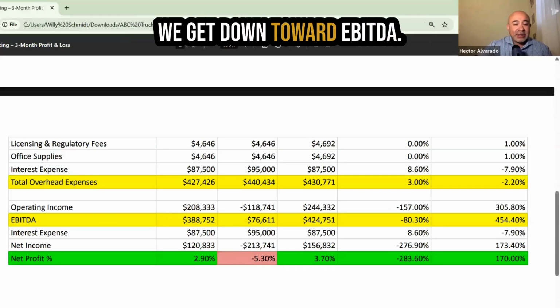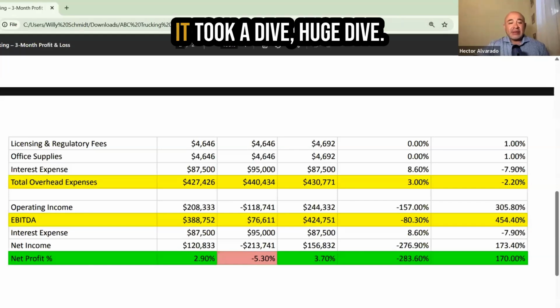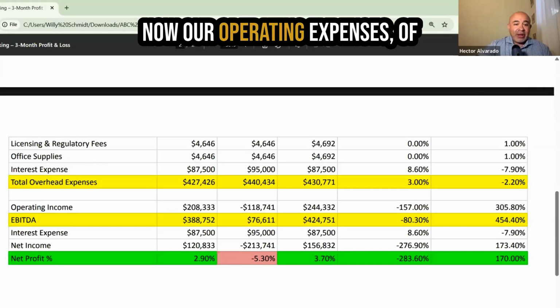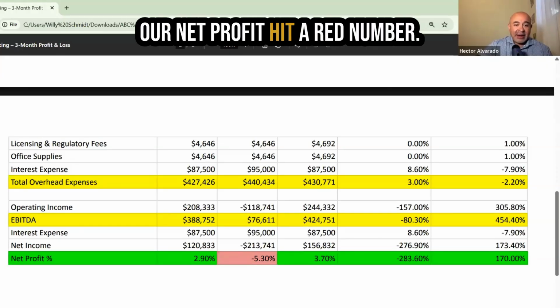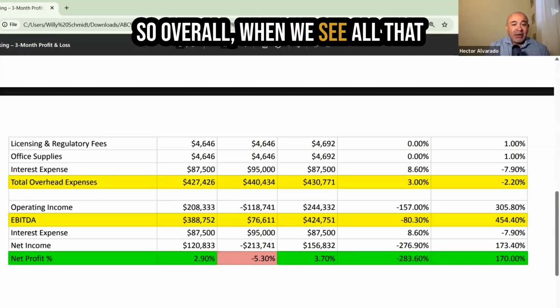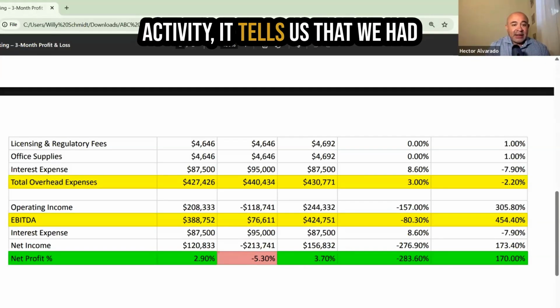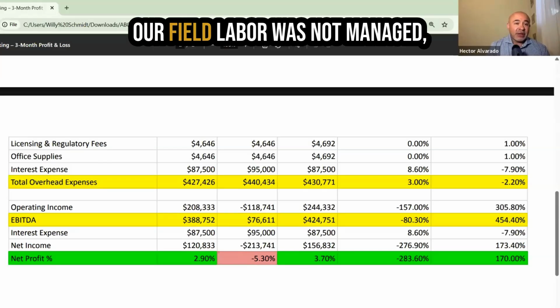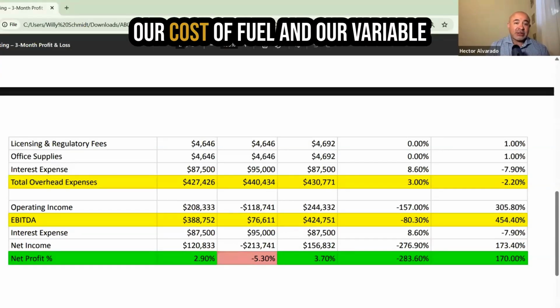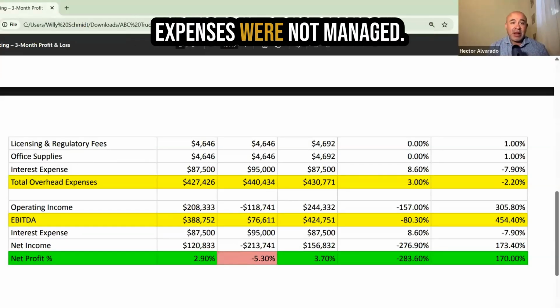Now we get down to our EBITDA. It took a dive, huge dive. Now, our operating expenses, of course, did the same. And then our net profit hit a red number. So overall, when we see all that activity, it tells us that we had several decisions that we needed to manage a lot better. Our field labor was not managed. Our cost of fuel and our variable expenses were not managed.